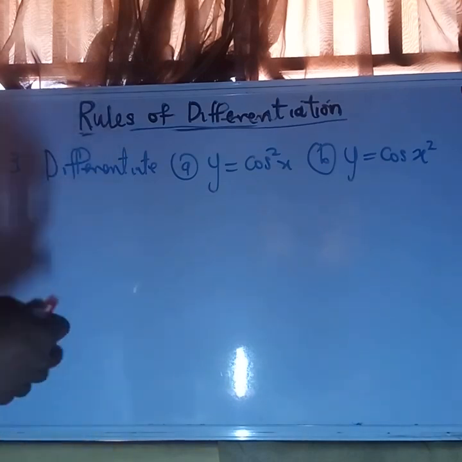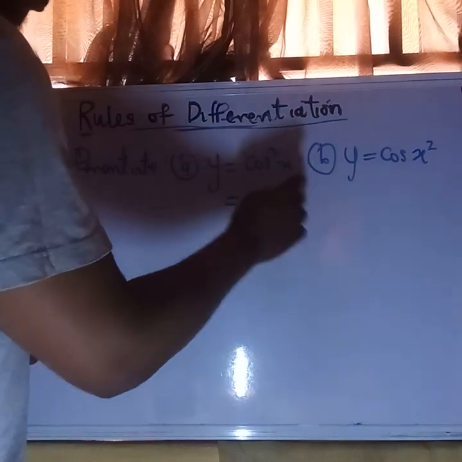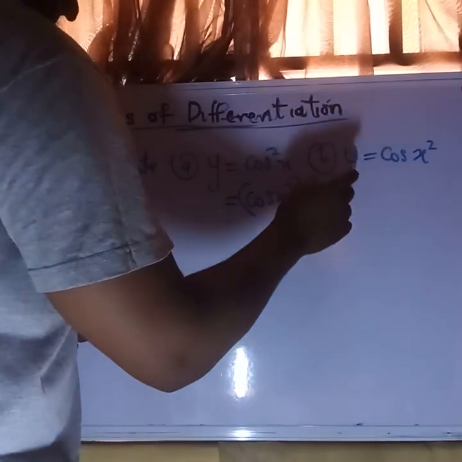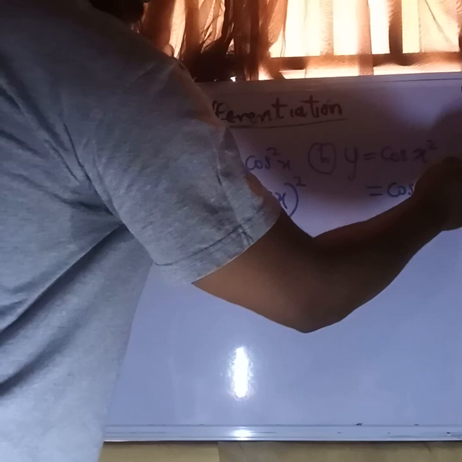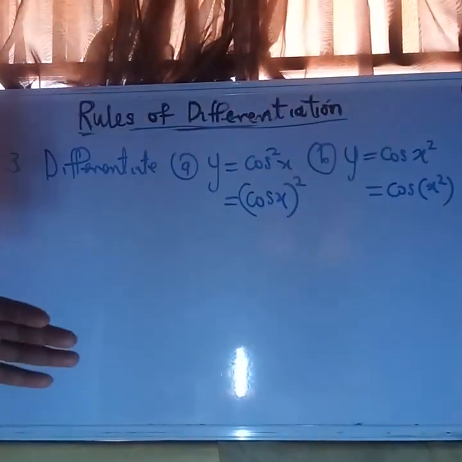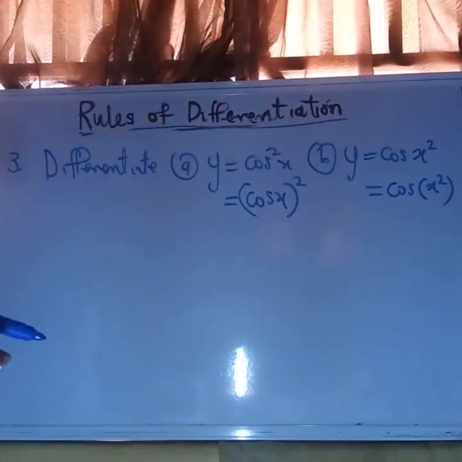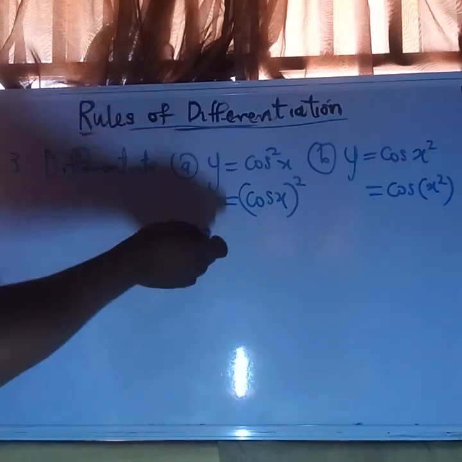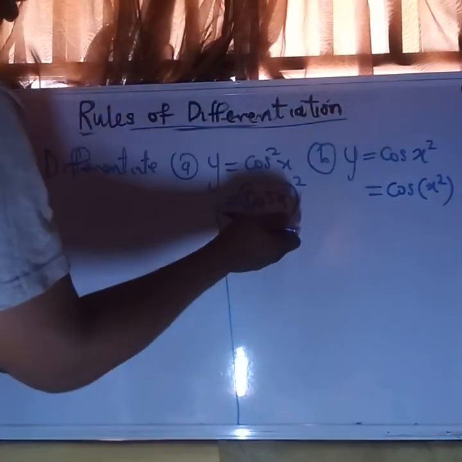The first function is the square of cos x, and b actually means cos of x squared. By graphing, they are not the same, and accordingly, their slopes will be different. So let's take them one after the other: the slope of A, then the slope of B.